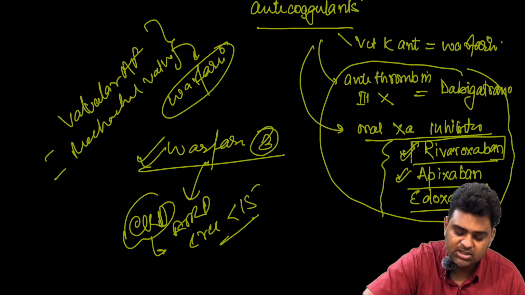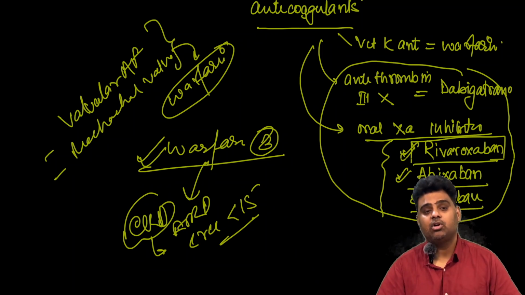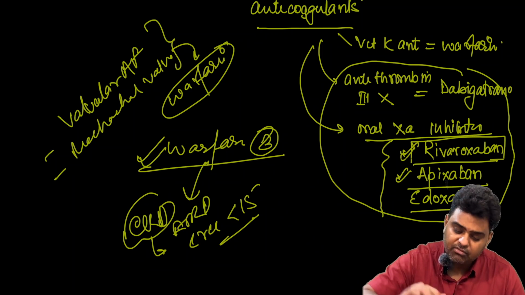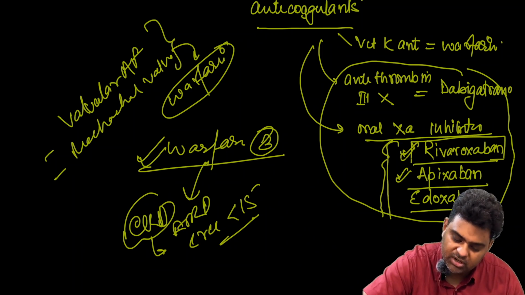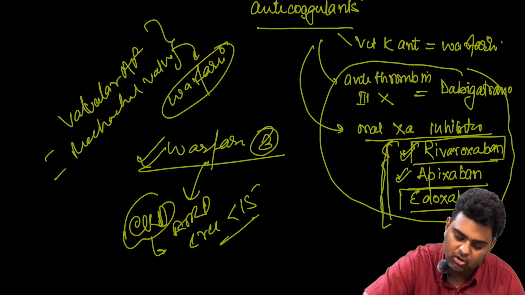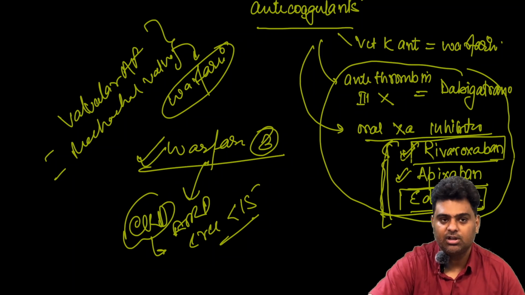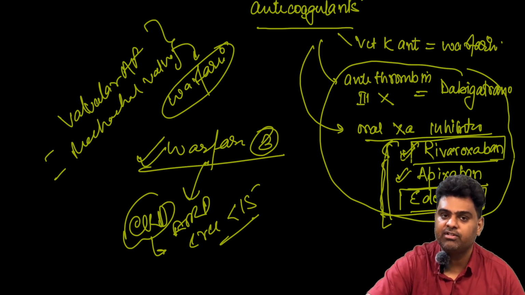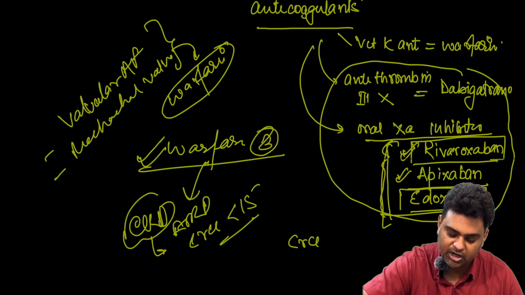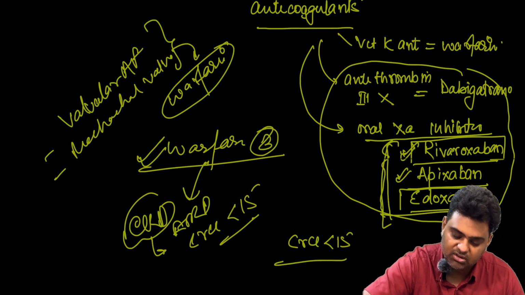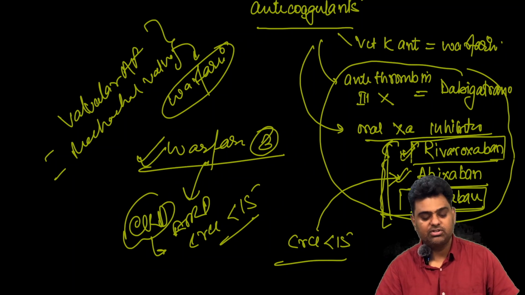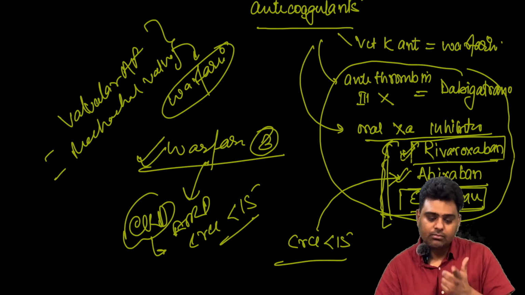But these new drugs are avoided because they are not safe in cases of chronic kidney disease. But if I ask you, out of rivaroxaban, apixaban and edoxaban, which has come out as the safest drug in most studies if creatinine clearance is less than 15, then the answer will be apixaban. Okay, so this is what I have to understand.